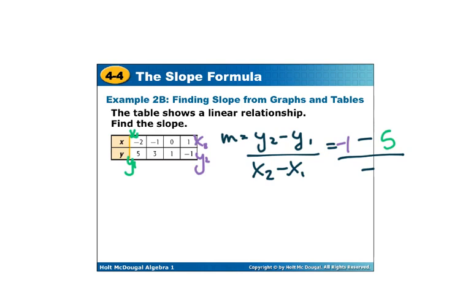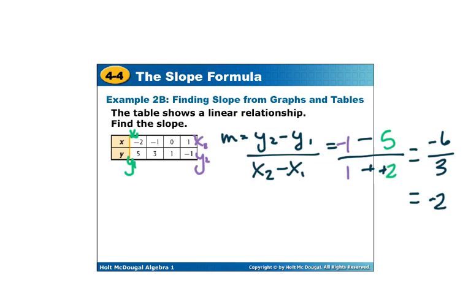Then on the bottom we have our x2, which is going to be 1, and our x1, which is going to be negative 2. So if we put all those together, the top becomes negative 1 minus 5, so negative 6, and the bottom becomes 1 plus 2, because minus and negative is plus, so we get 3. And of course that can simplify to be negative 2.